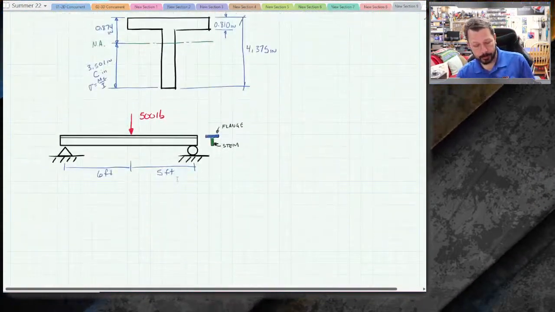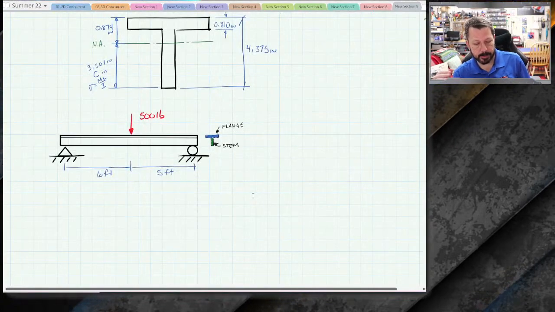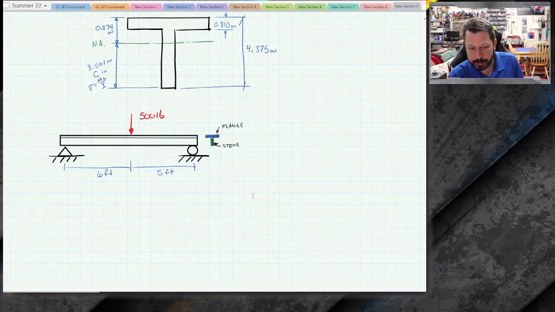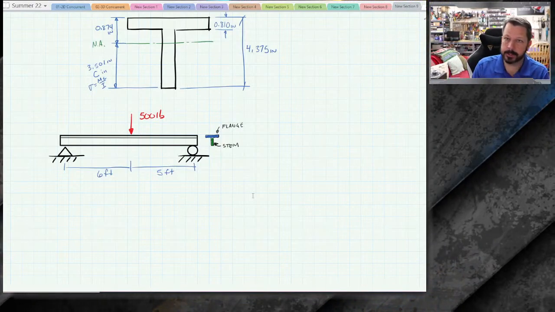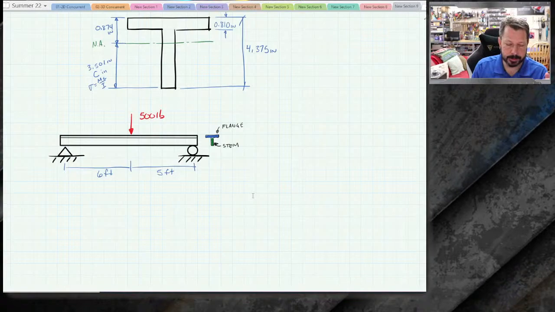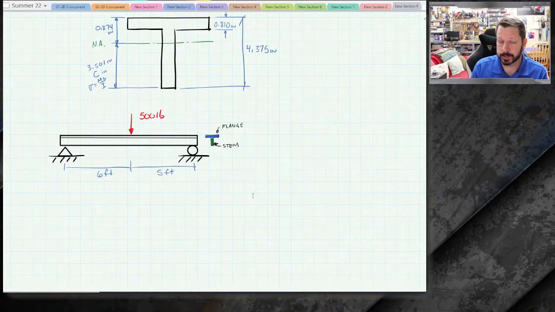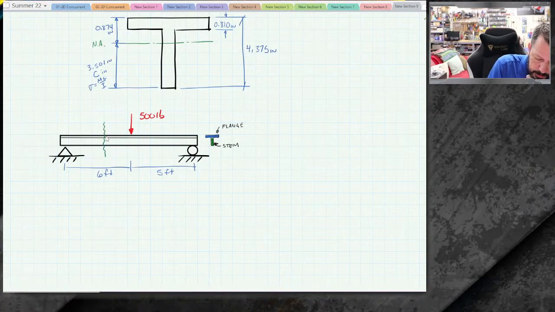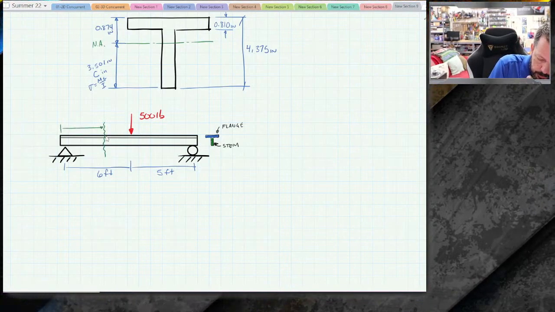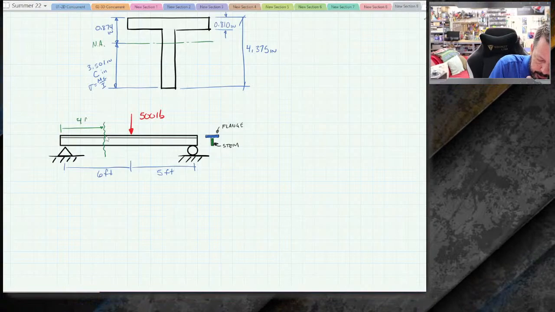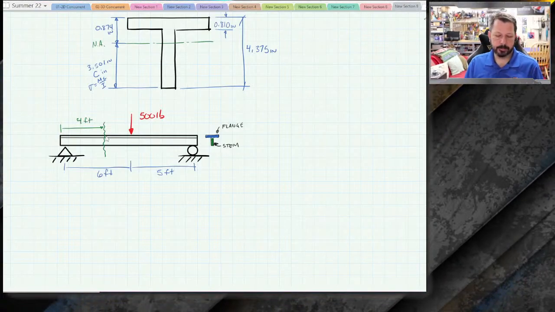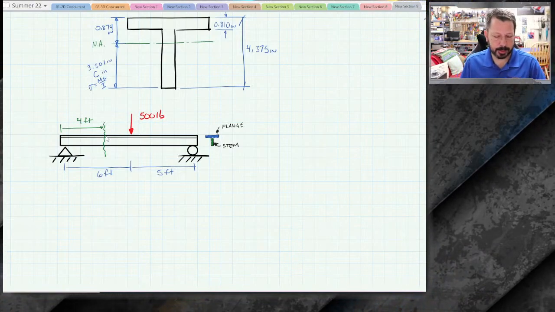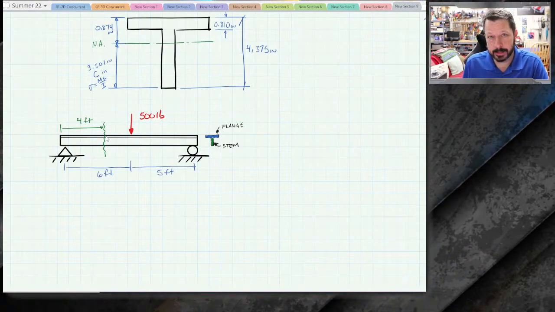So part of what I need to do is try to figure out, well, where do I want to know the bending stress? So I'm just going to pick a place right now. And that's why we want to draw these pictures I mentioned, is that's going to help us figure out where the worst case is. But for now, I'm just going to pick a spot. And I'm going to pick a spot 4 feet from the left end. So for whatever reason, I have decided that that's the spot in this beam that I want to calculate the bending stress.